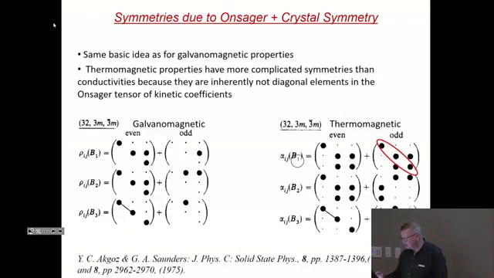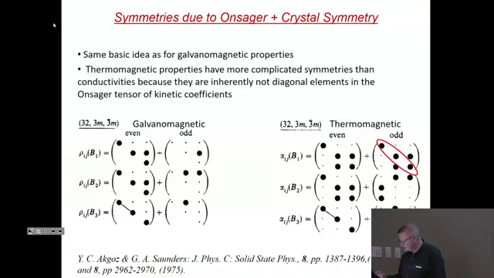If B is B1, they have both an even and an odd component. Now, luckily, if B is B2, they have no odd component, they're purely even. So this is what you would expect, pure even symmetry. But at the same time, alpha 2,3 of B1 would have both an even and an odd component. So this would be a Nernst coefficient that would not reverse with magnetic field.